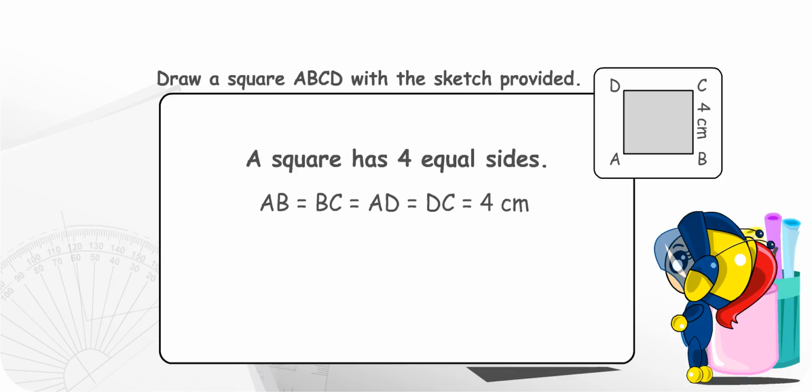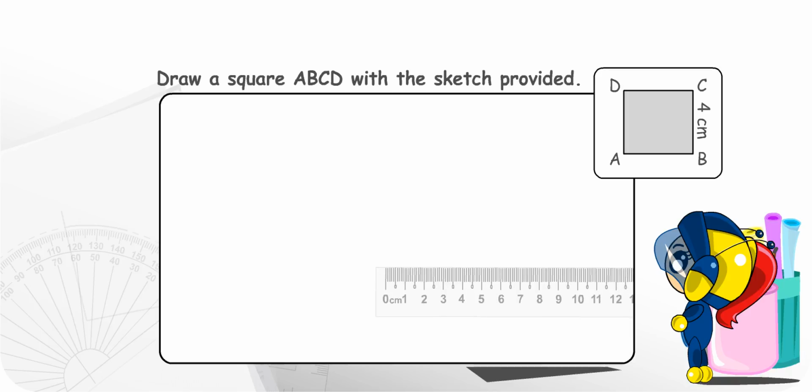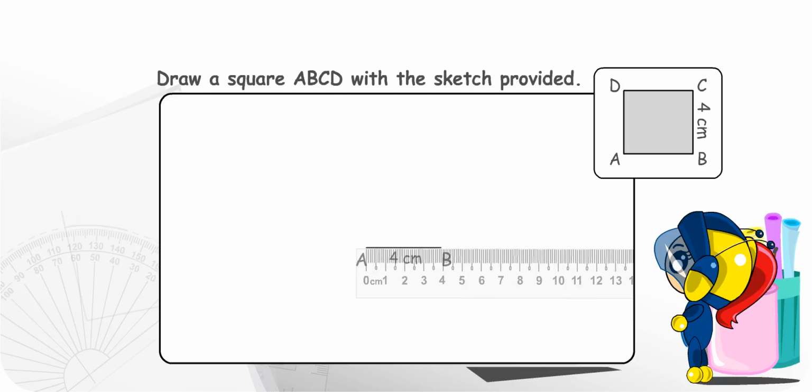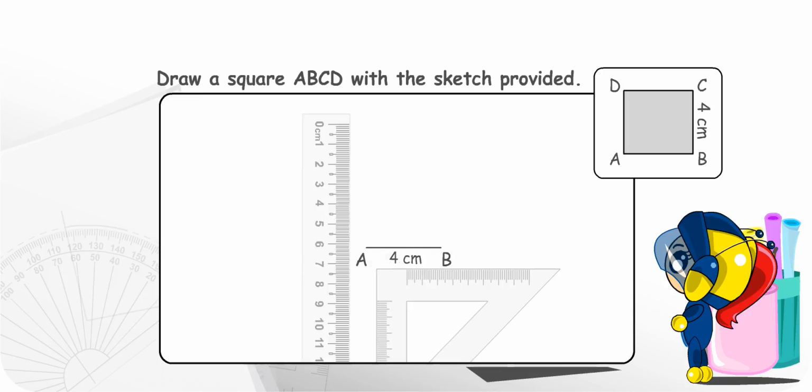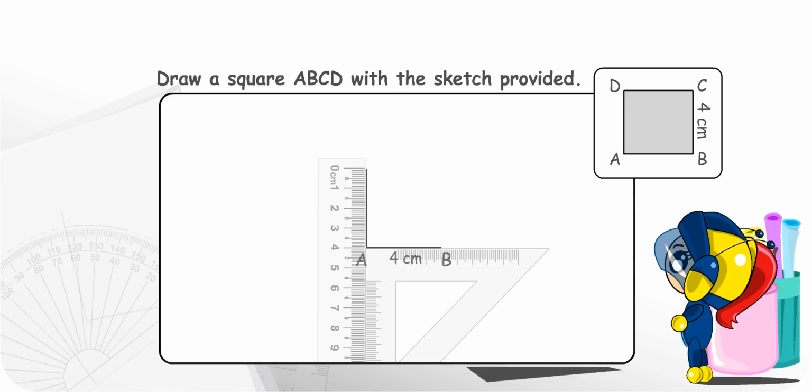The steps are as follows. Step 1. Draw AB, which is equal to 4 centimeters, using a ruler. Step 2. At point A, draw a line perpendicular to AB using a ruler and a set square. Step 3. Measure the line you have drawn.